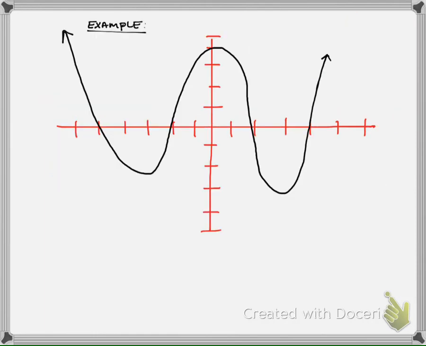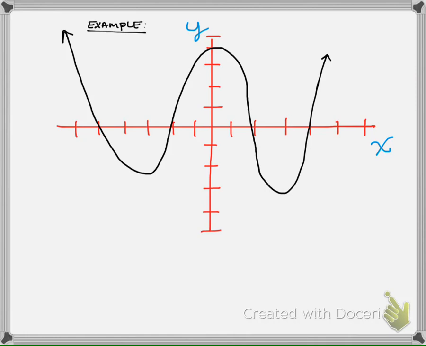The last thing we're going to discuss today are the x and the y intercepts. The x-intercept just simply means where are all the places that the graph touches the x-axis. So we know that the x-axis represents this horizontal line here, and the y-axis represents this axis.